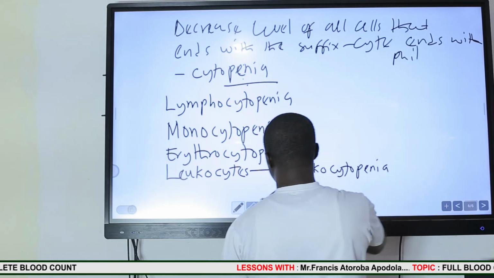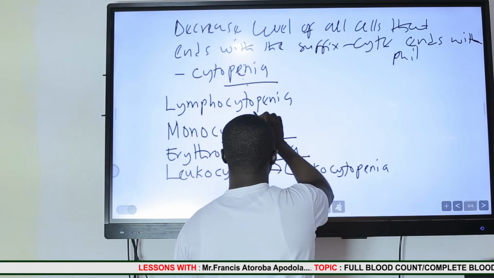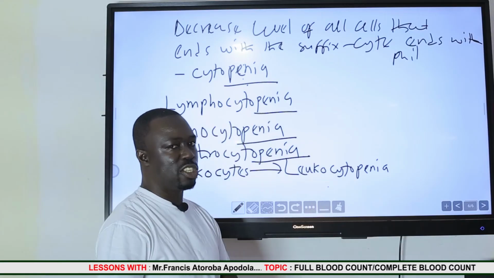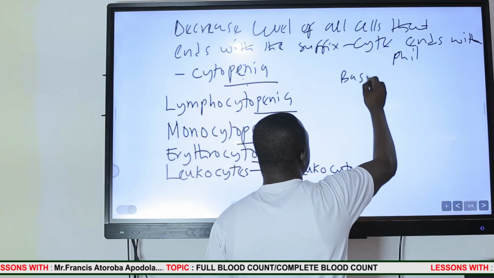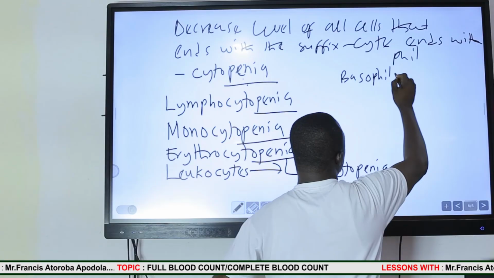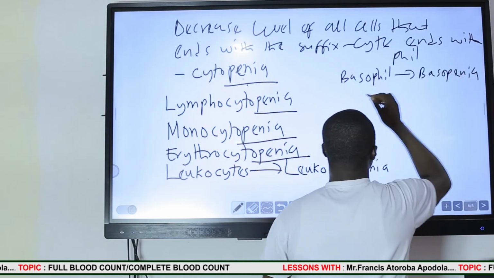So for all cells that end with phil, all of them, their decreased level will also end with penia. Penia typically refers to decrease. So are we talking about basophil? Then the decreased level of basophil will be called basopenia. Are you referring to neutrophil?